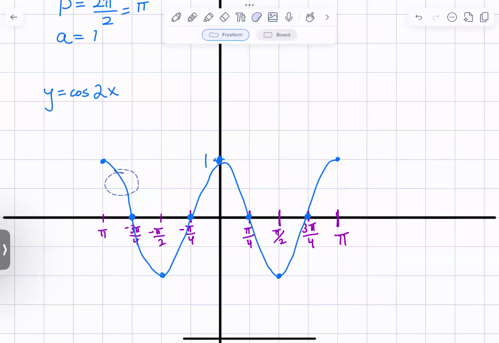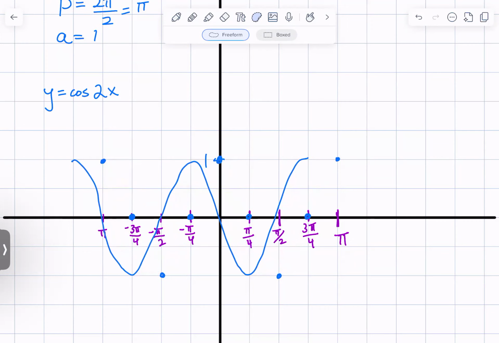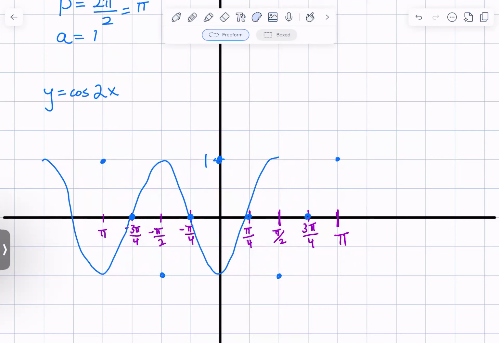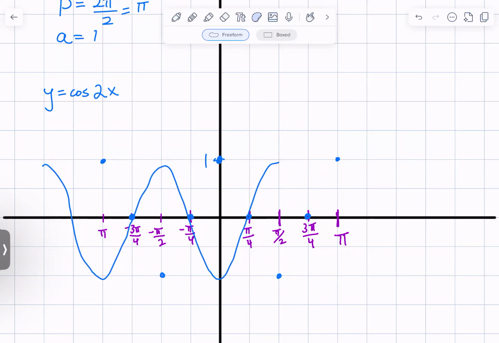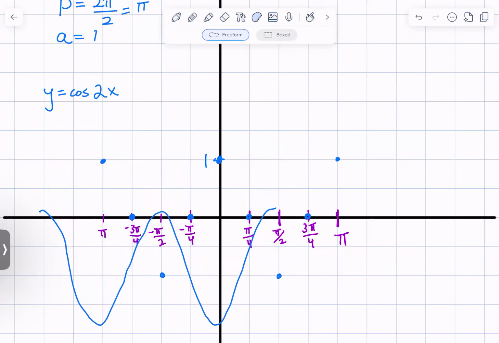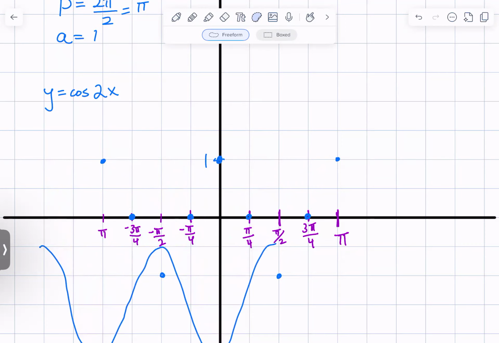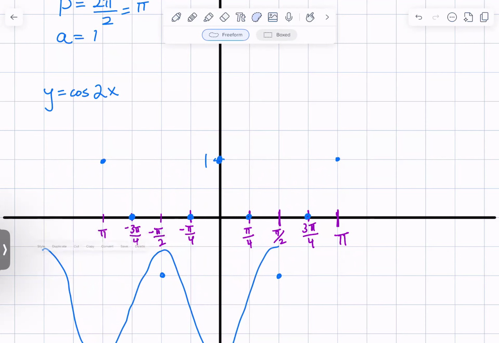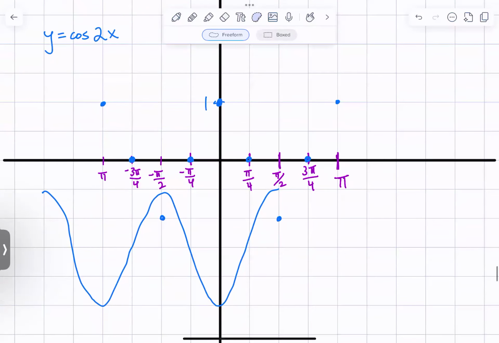What is pi over 2 units? That represents 2 units, right? So 1, 2, and then down 3 would be 1, 2, 3. Okay, so that is the graph there.